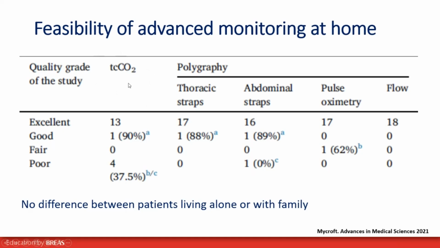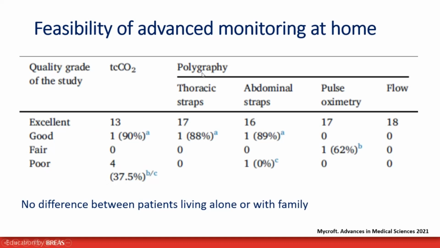Regarding transcutaneous capnography, out of 18 patients, you may see that 14 had an excellent or a good feasibility, while 4 had a poor feasibility, which is a little bit more than 1/3 of the patients.